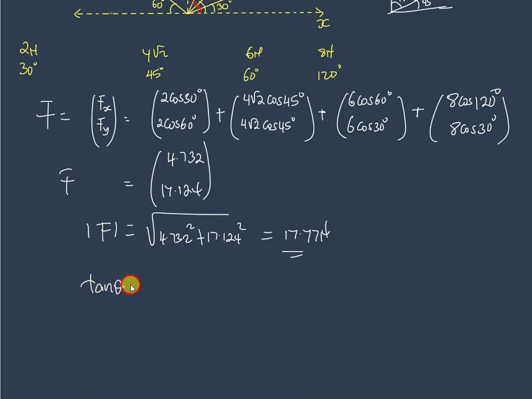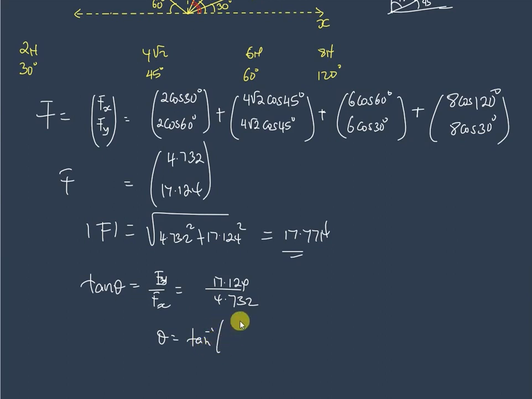We also need to get the value of the angle, the direction of that resultant. It can be got by getting the fact that tangent of theta is equal to Fy divided by Fx, and Fy is 17.124 divided by 4.732, and we have that theta is equal to arctan of the same.